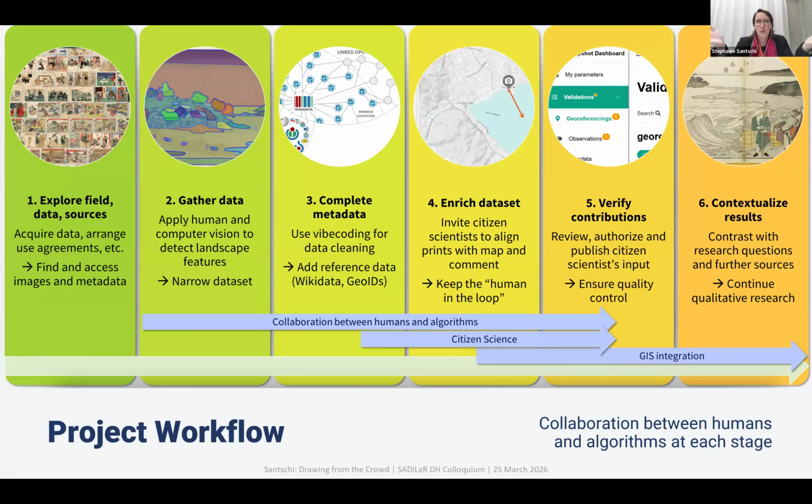Then in a second step, I had to gather the data that mattered to me. So I had to narrow my data set, I had to download it, I had to store it on my computer, my drive, and I had to go into it and really see what is in there that I need, what is missing, what do I need to add, which then led to the third step, right? The completion of the metadata. So data cleaning.